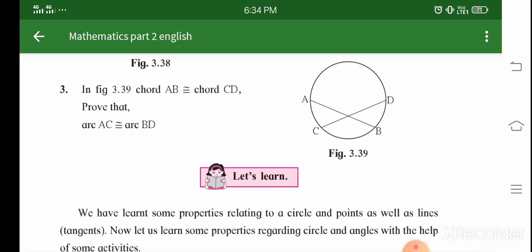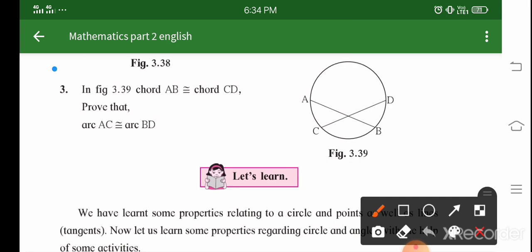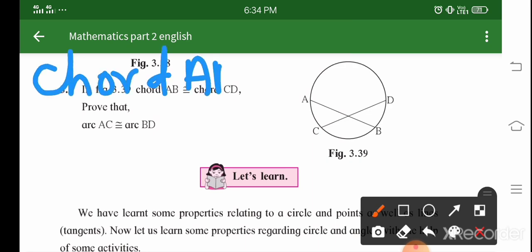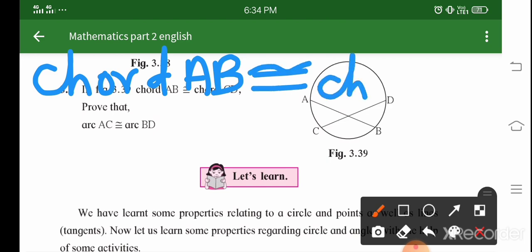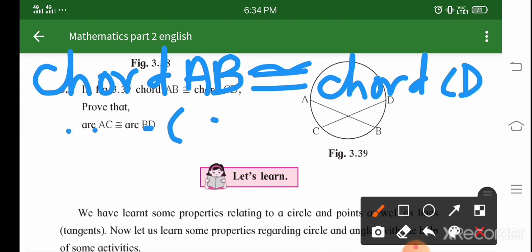So let's get started. You specify over there that chord AB is congruent to chord CD. Where did we get this from? It is given, so you have to specify given.